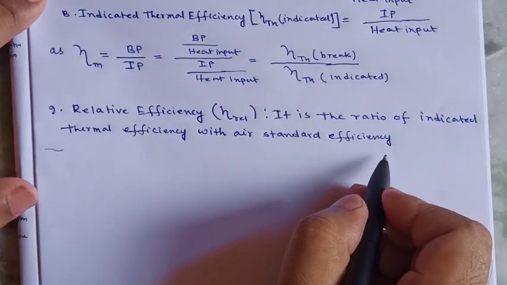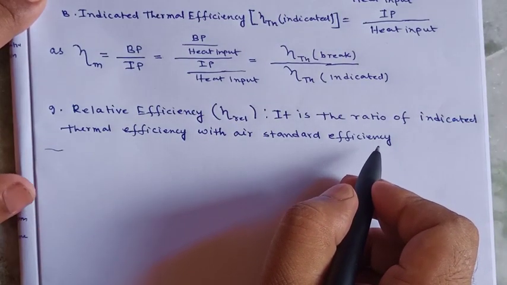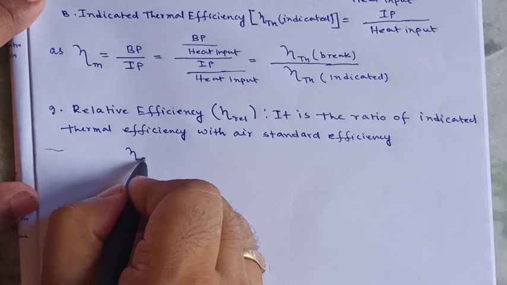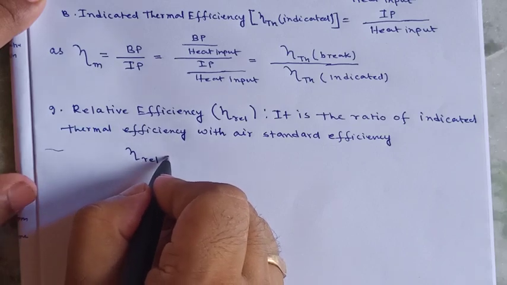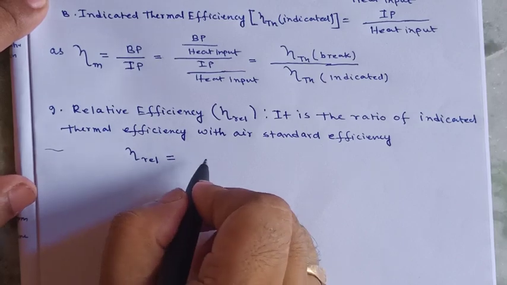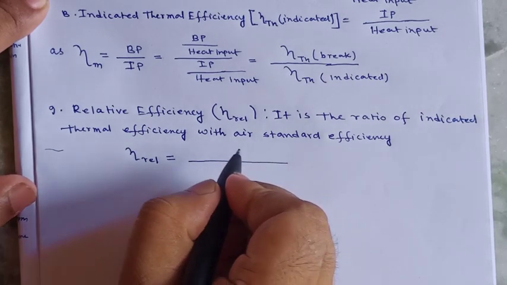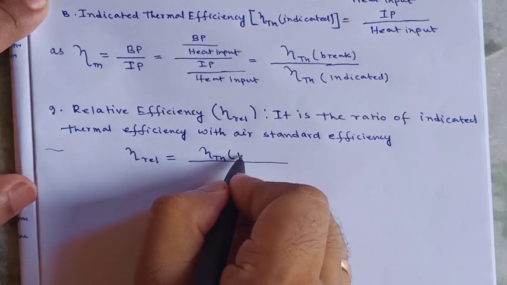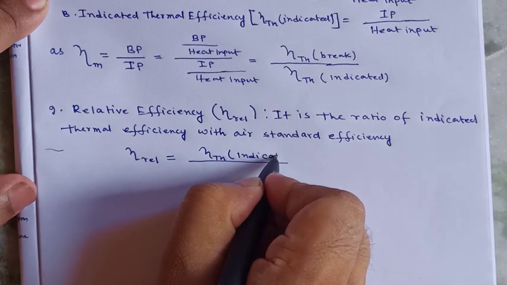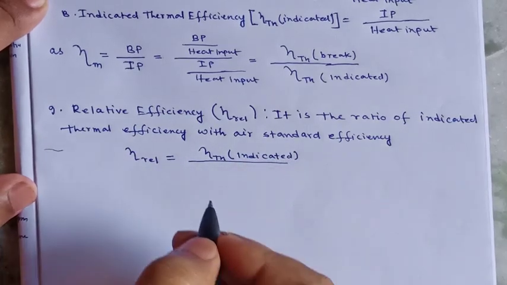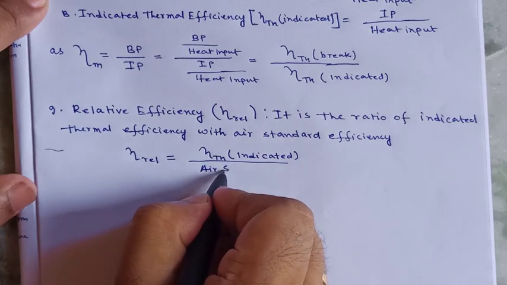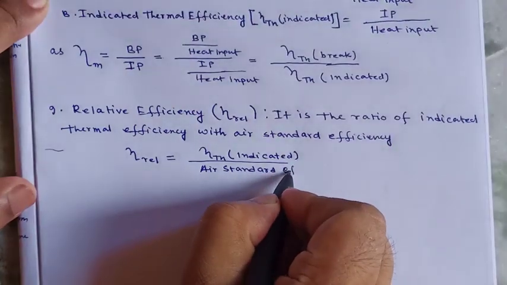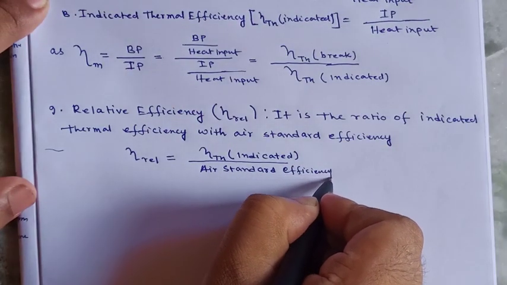Air standard efficiency is the efficiency which is done in Otto cycle and diesel cycle. So it's written as eta REL, relative efficiency, equals indicated thermal efficiency, eta th indicated, divided by air standard efficiency.